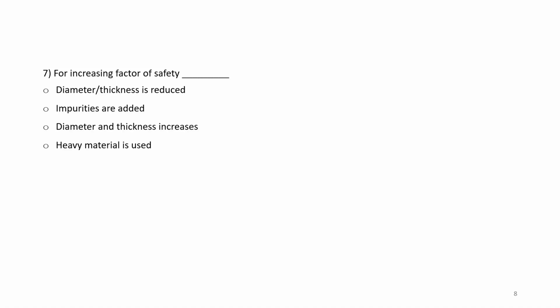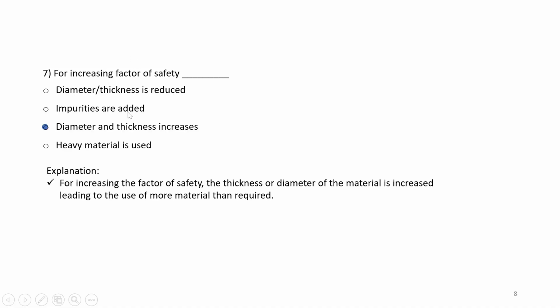Heavy material usage will also come with other disadvantages. Impurity is also not correct, and diameter or thickness reduction will have an adverse effect on the factor of safety. So the third one is the correct option. For increasing the factor of safety, the thickness or diameter of the material is increased, leading to the use of more material than required.